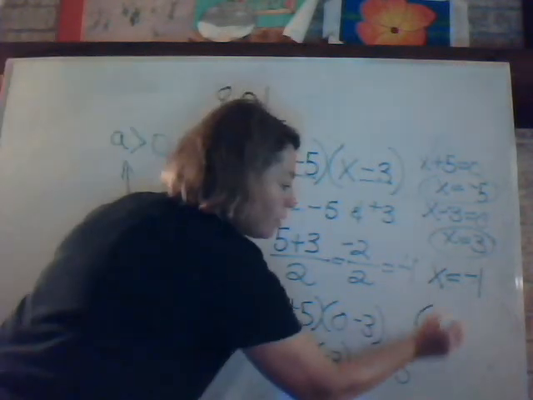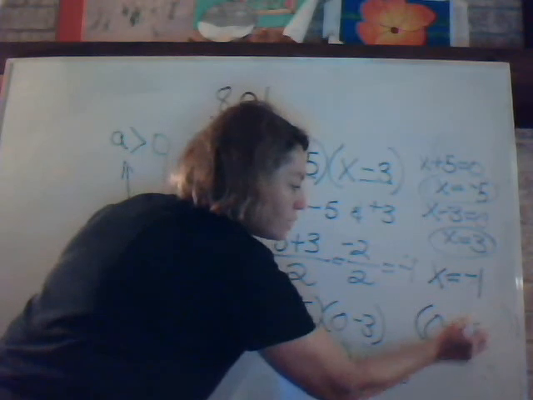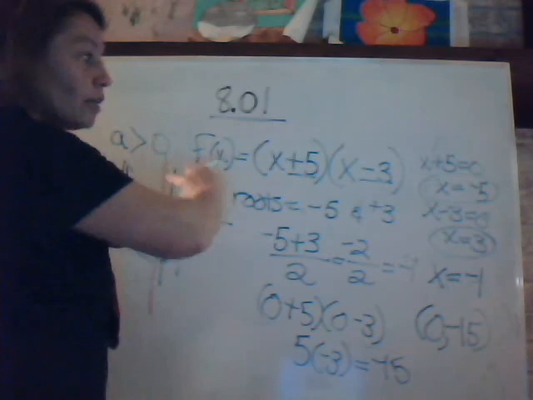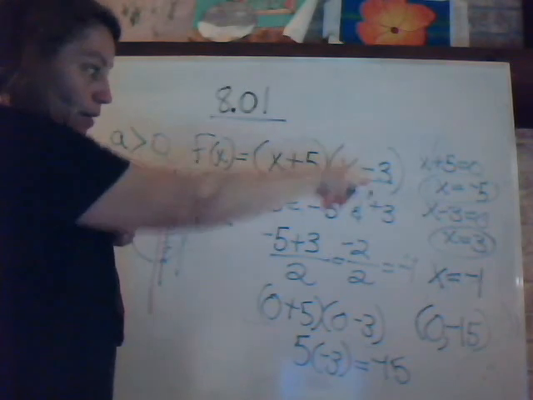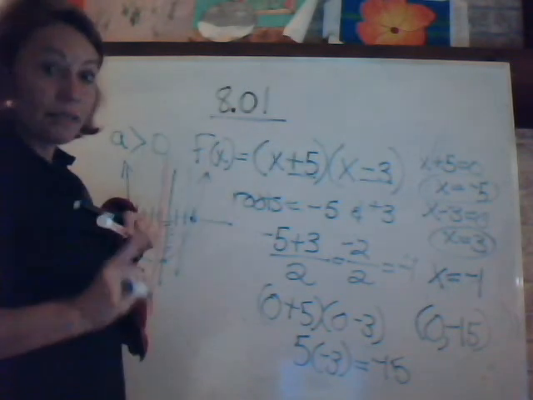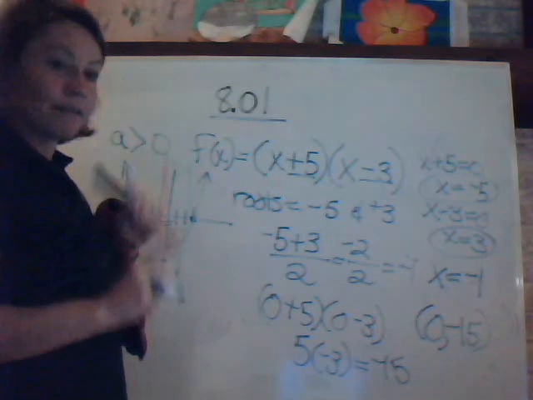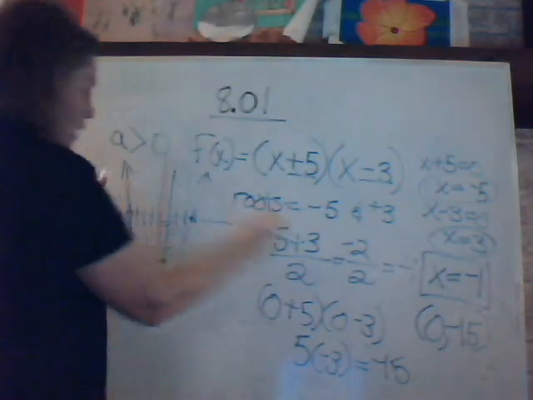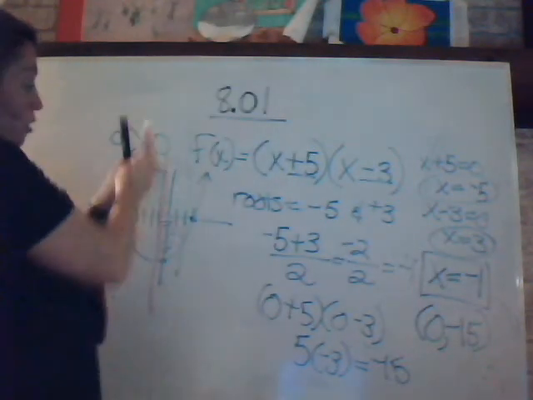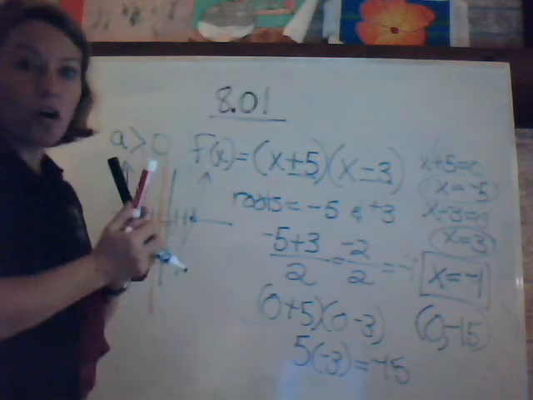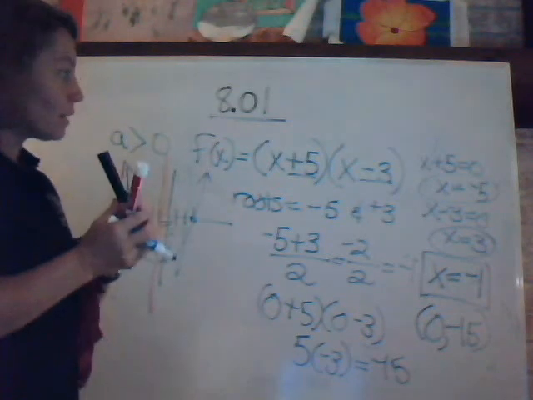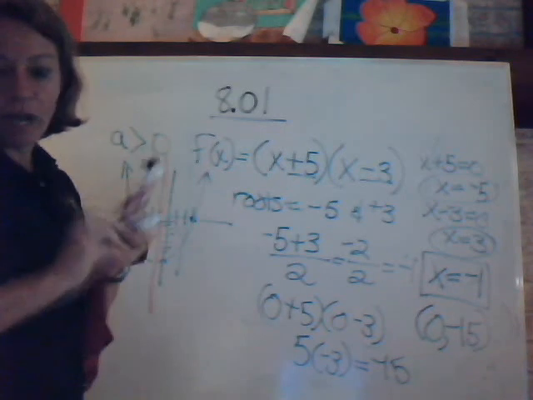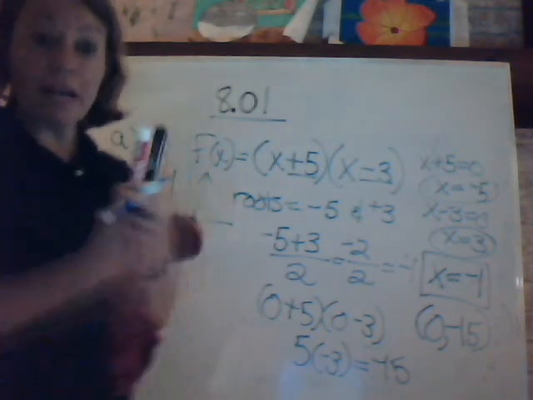So 0 was my x-coordinate, negative 15 is my y-coordinate. So to find x-intercepts, you put in 0 for y. In other words, you factor and set equal to 0. To find your y-intercept, plug in 0 for x. And then, of course, the axis of symmetry is the midpoint between the two roots, because quadratics are symmetrical. So that's how it works. So there you go. There is a quick, down and dirty overview of quadratics in factored form.